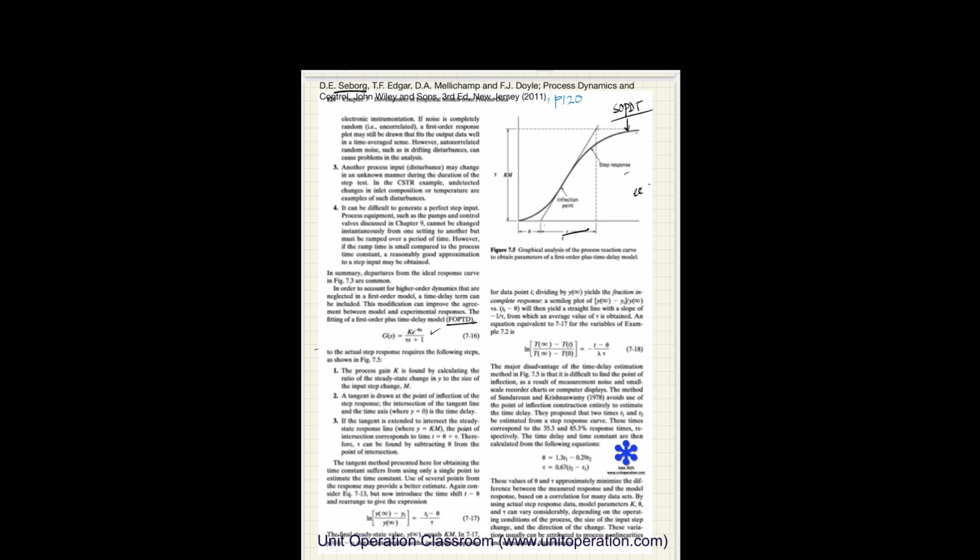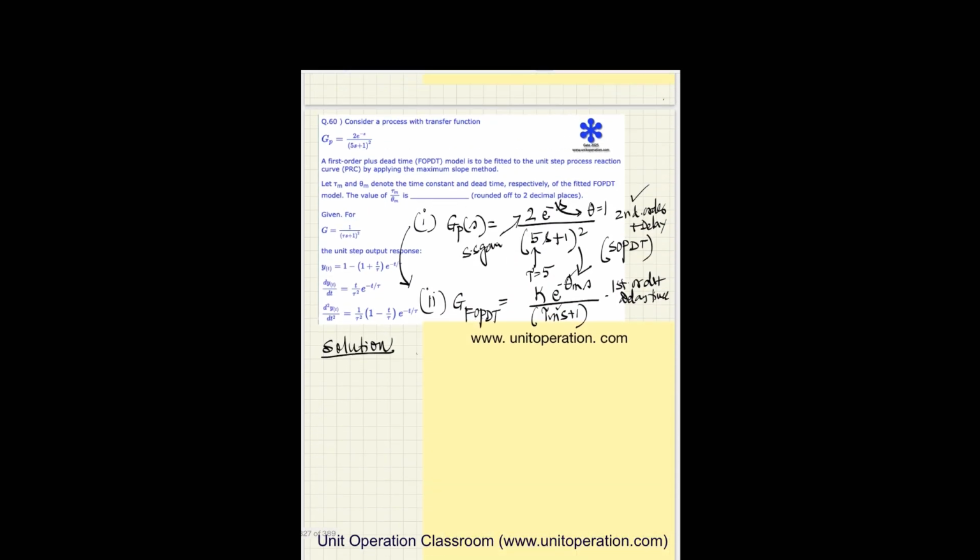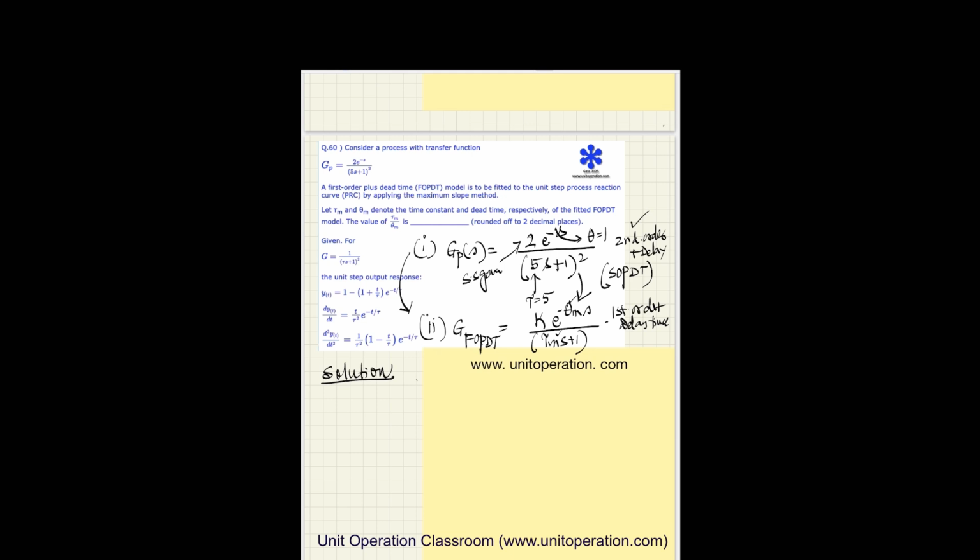The FOPDT, we have written as K e to the power minus theta m s over tau m s plus 1. Okay. The process reaction. So what are the steps? K we already know. We already have the value of K, which is equal to 2. Okay. So that's done.